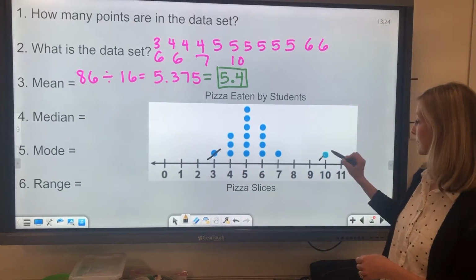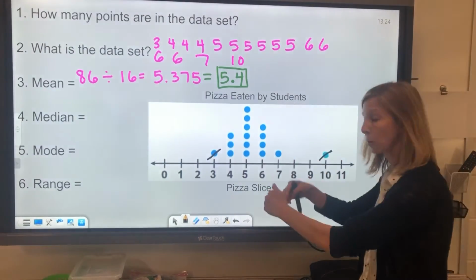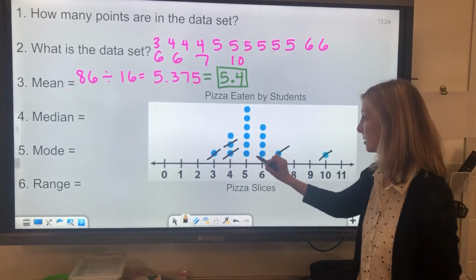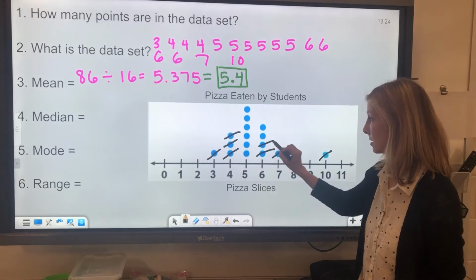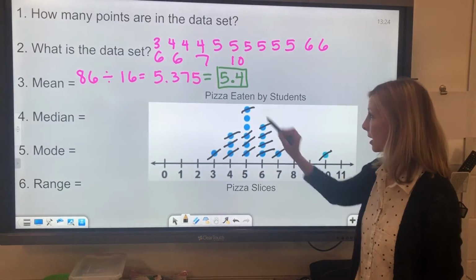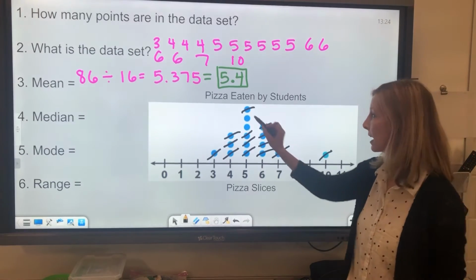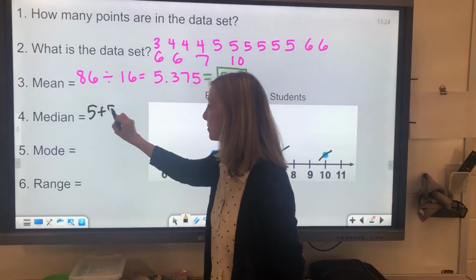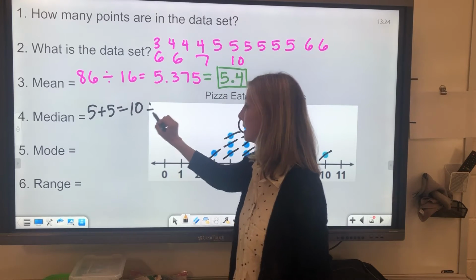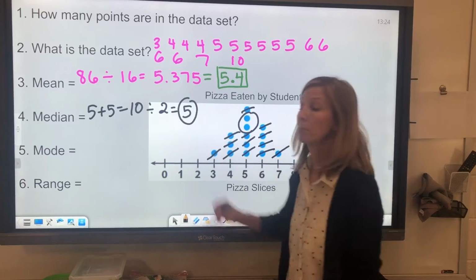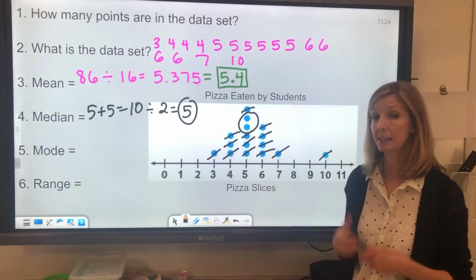My largest was 10. So I'm working my way towards the middle. Cross off, cross off. I notice I don't have just one number in the middle, I have 2. So I have a 5 plus a 5, which of course is 10. I divide that by 2, and I see my number in the middle is 5. Okay, that's my median.